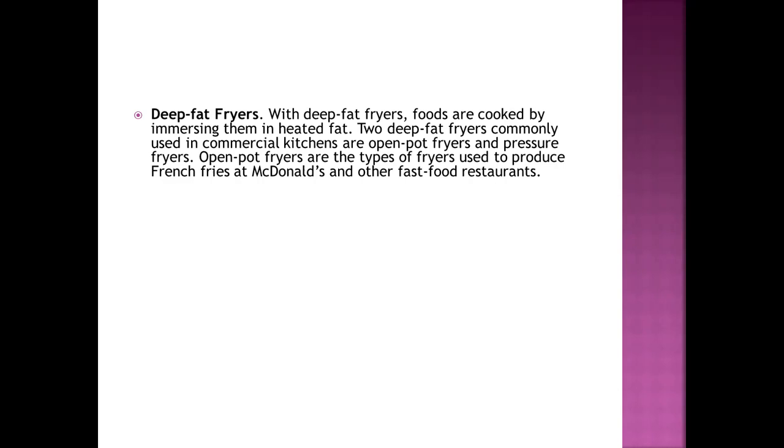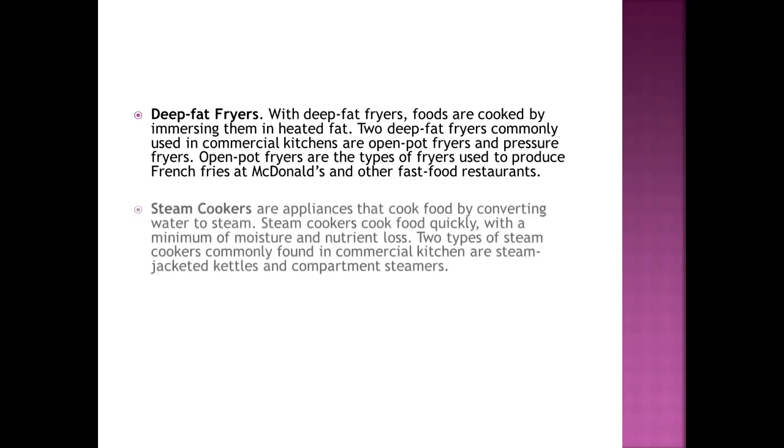So deep fat fryers are commonly used in commercial kitchens, and they are open pot fryers and pressure fryers. So the open pot is what is used for French fries at McDo or other fast food restaurants.